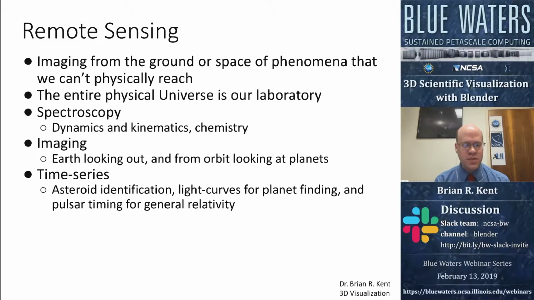So we're also interested in looking at the time domain in astronomy, in terms of looking at Earth crossing asteroids. There are a lot of studies now where we're actually looking at light curves and finding extrasolar planets.